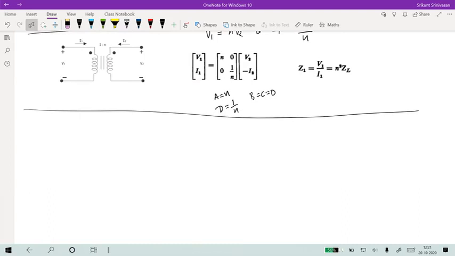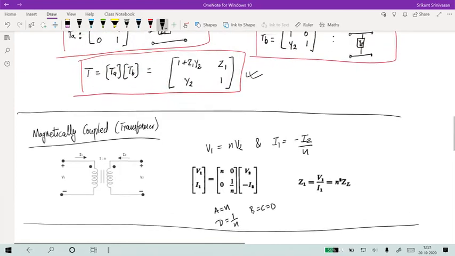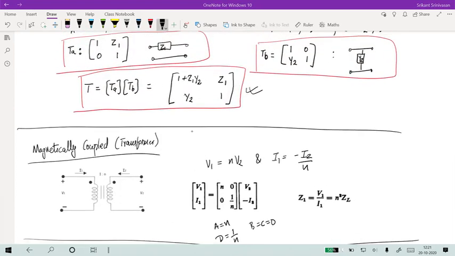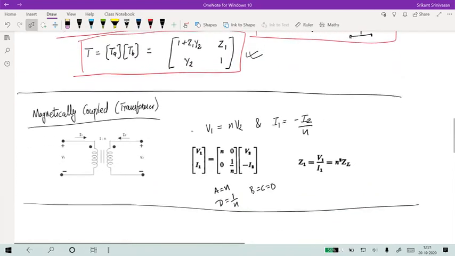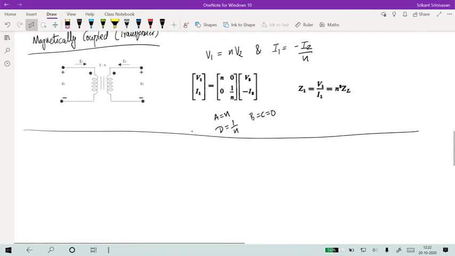So with the ladder network, what I wanted to show was, since we said that the matrix finally is 1 plus Z1 Y2, then Z1, Y2, and 1.